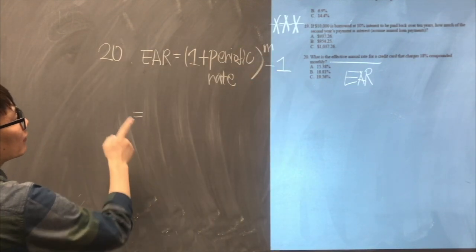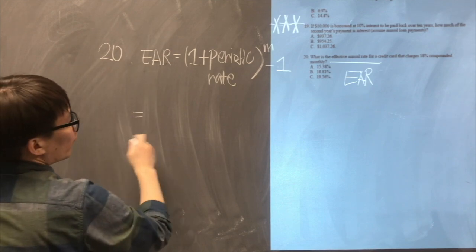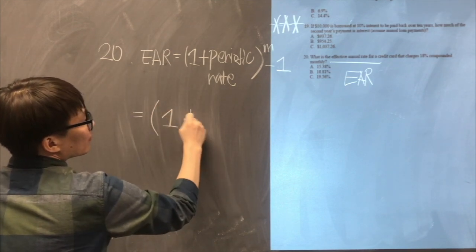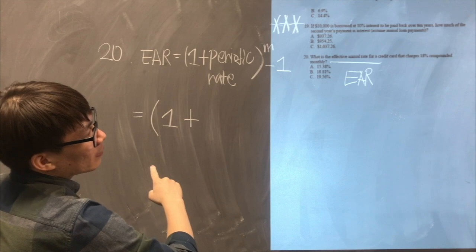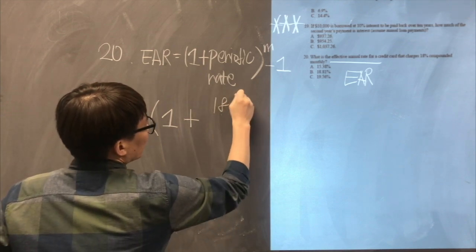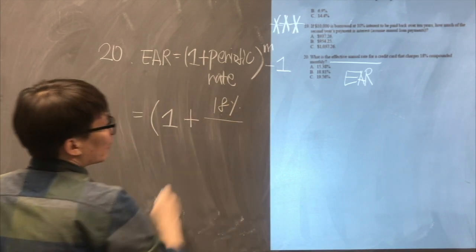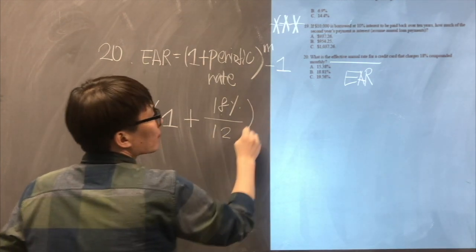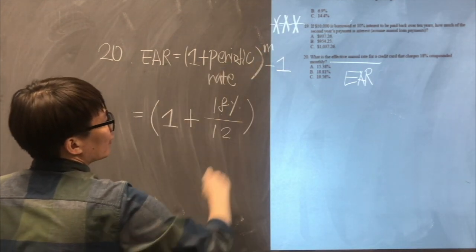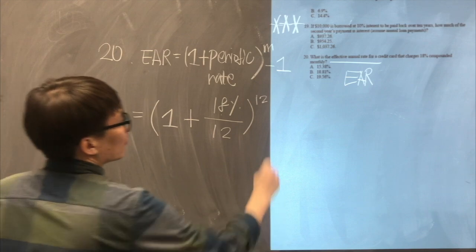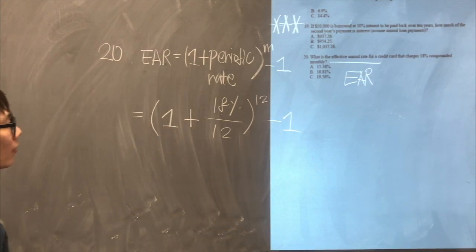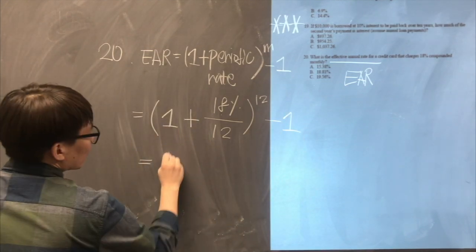So in this case, EAR equals 1 plus the periodic rate 18% divided by 12, to the power of M equals 12, minus 1. This is close to.